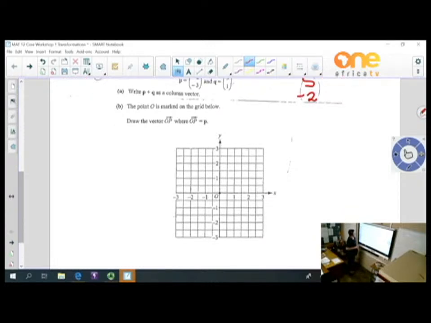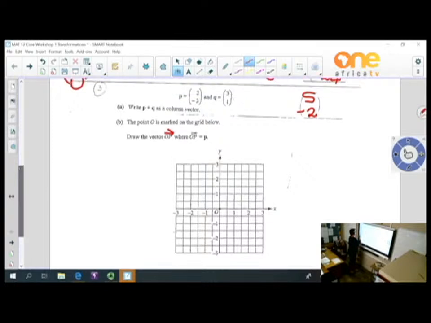The point O is marked on the grid below. Draw the vector OP. Now look at this one. There is a direction from O to P, where OP is P. Now the column vector P was 2, negative 3. So we start now here at the origin. Positive 2, remember what we said, it looks like this.